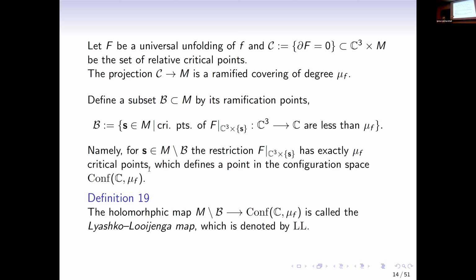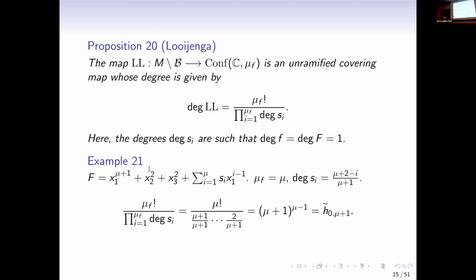And this is the important map, and it has a name, called the Lyashko-Looijenga map, which we denote simply by LL. By considering it carefully, it turns out that this map is a finite map. But moreover, what is important is that this map is an unramified covering.